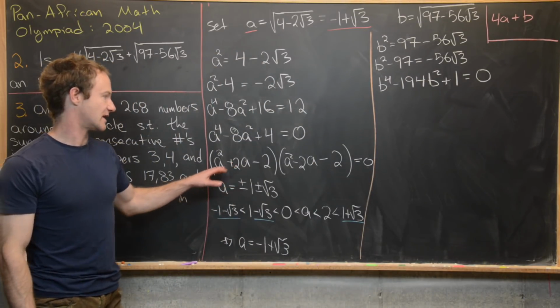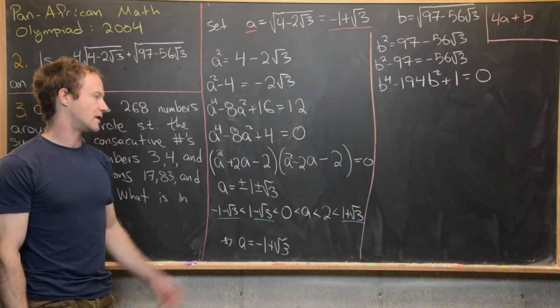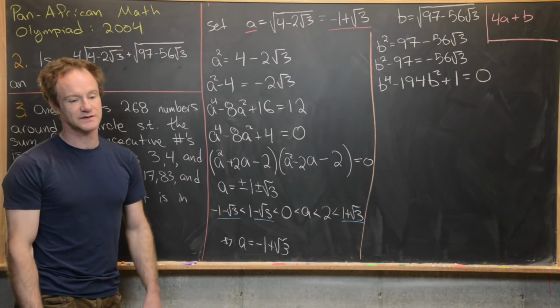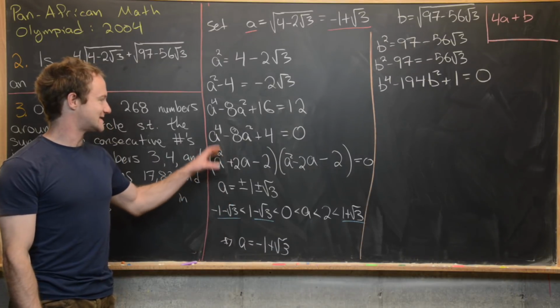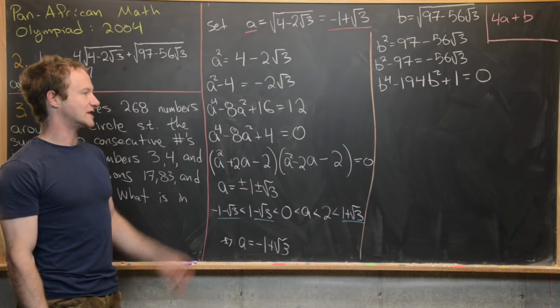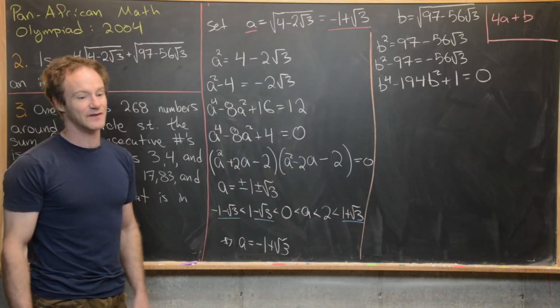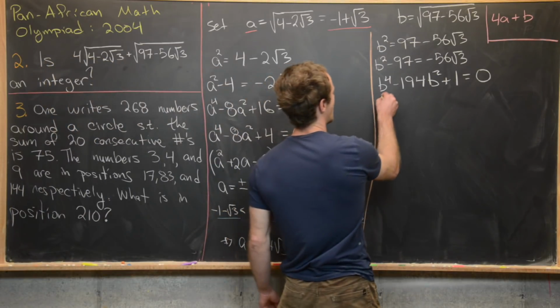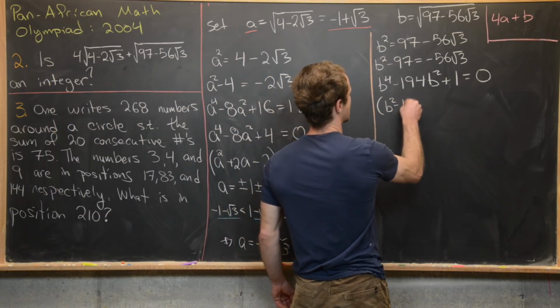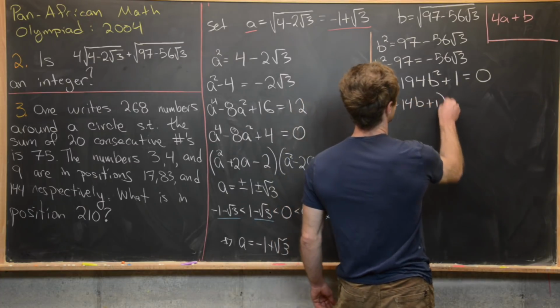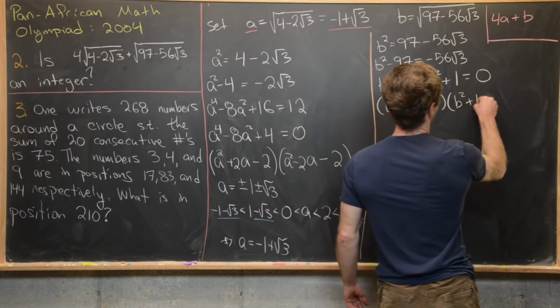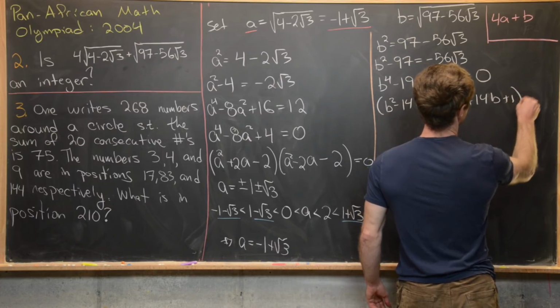Maybe we can factor it like 2 quadratic polynomials with integer coefficients. And we can do that using the same kind of reasoning and trick that we did here. That is kind of a guess and check reasoning. And what we'll end up with is b squared minus 14b plus 1 and b squared plus 14b plus 1.